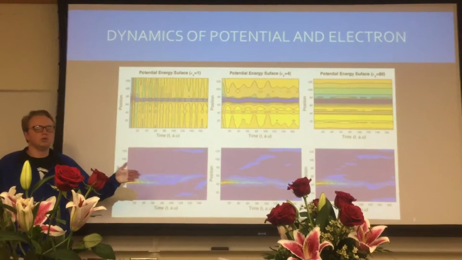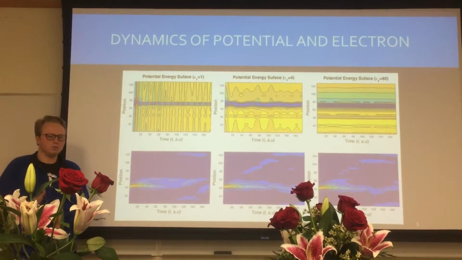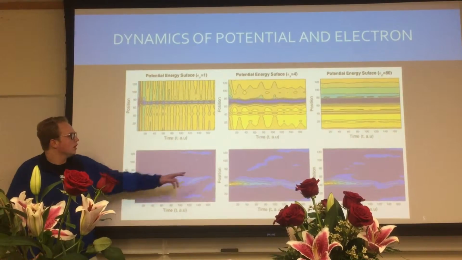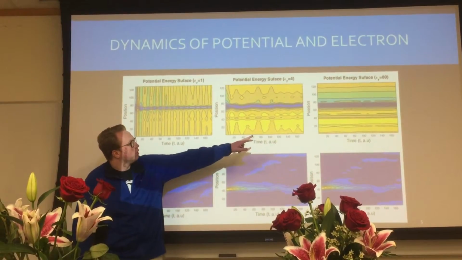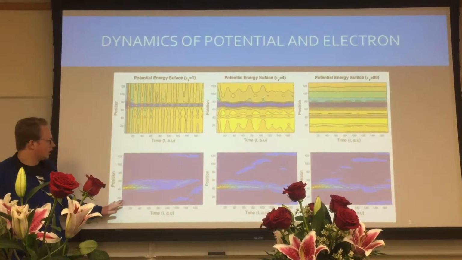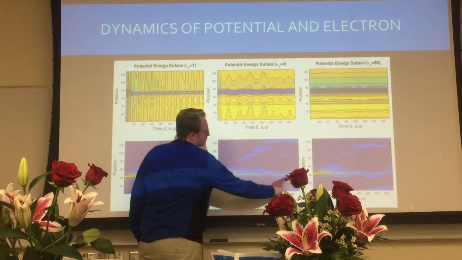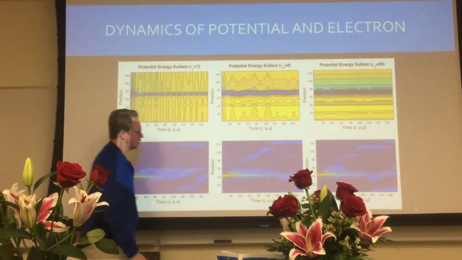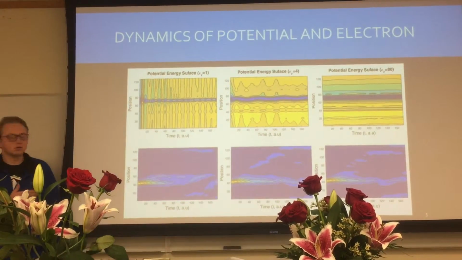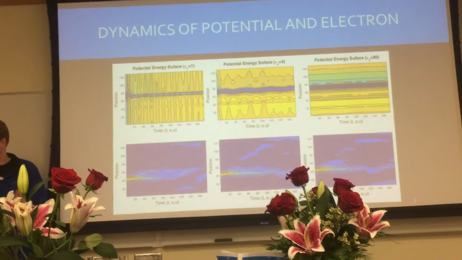This is due to having the hole go back and forth in the potential well, which increases the potential back and forth, and we see that even when we go to 4, but when we go to 80, it's pretty much constant. And then the electron probability, we can see that at 4, there is a definite localization, where at 1 and at 80, it starts to become more delocalized, which also supports the idea that the electron is staying on the iron versus recombining.